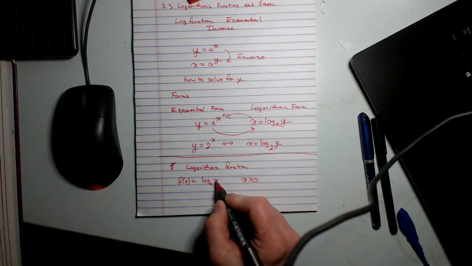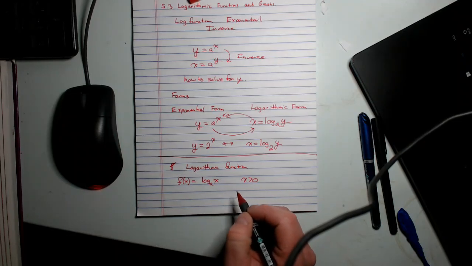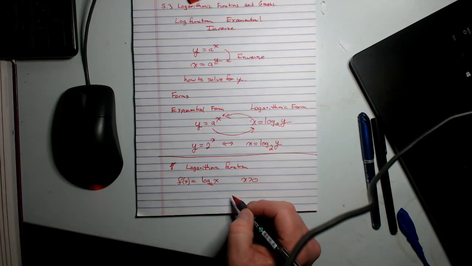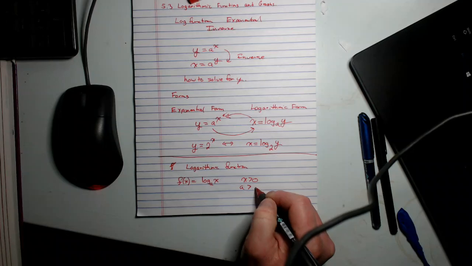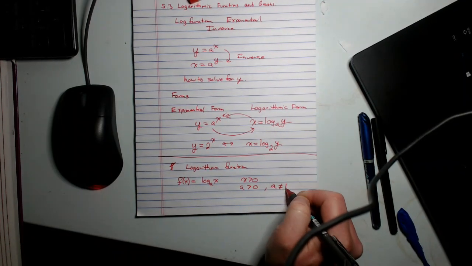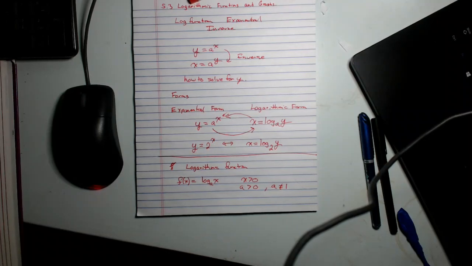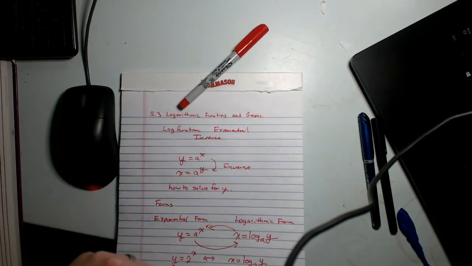So this x here, which we call the argument of the log, has to be a positive number greater than 0. And also, a has to be greater than 0, but a is also not equal to 1. And this is similar to our definition of an exponential function, where these same rules apply.